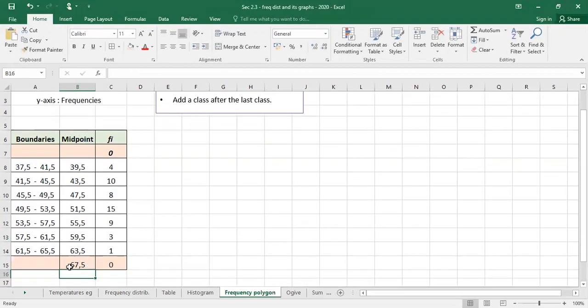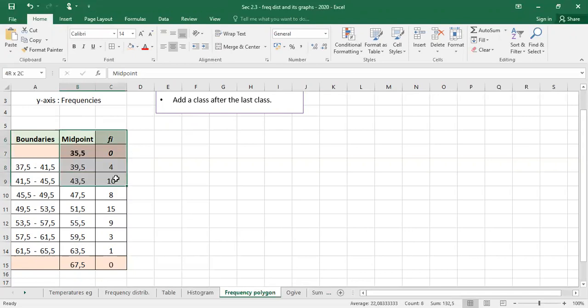I could write the boundaries in if I wanted, but I'm not going to. For the previous class, its midpoint would be this thing here, -4, which is your class width. Enter. So its midpoint would be 35.5.